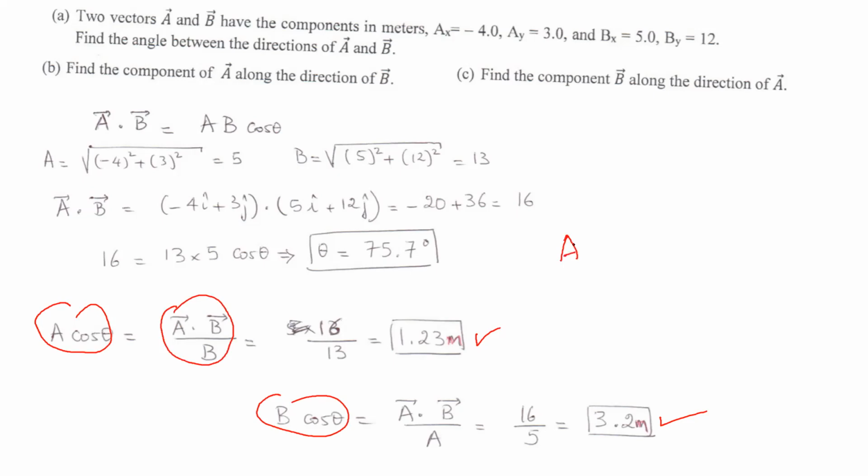The component of A along the direction of B is just A multiplied by the unit vector along B, which is A multiplied by B divided by B, which is A cosine theta. Good.